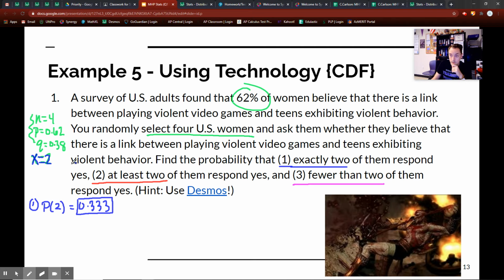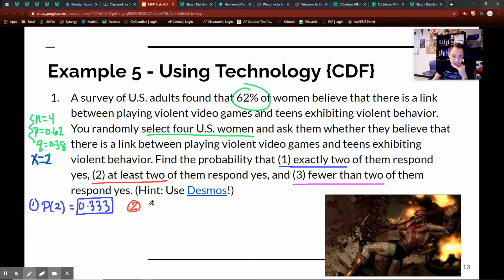If I pulled exactly 2 from 4, 33% of those women would say, yes, I believe there's a link between violent video games and awful crime, and violent behavior, like God of War, of course. That looks pretty violent. He's pulling an eyeball out. So, yeah. Okay, so let's go to 2.